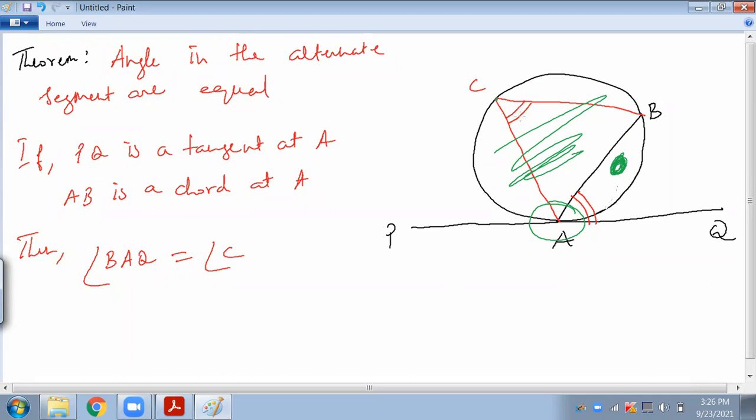We can take both these angles equal by the angle in the alternate segment theorem. Angles, make it plural: angles in the alternate segments are equal. Okay, fine. If you're done, you can raise a hand.